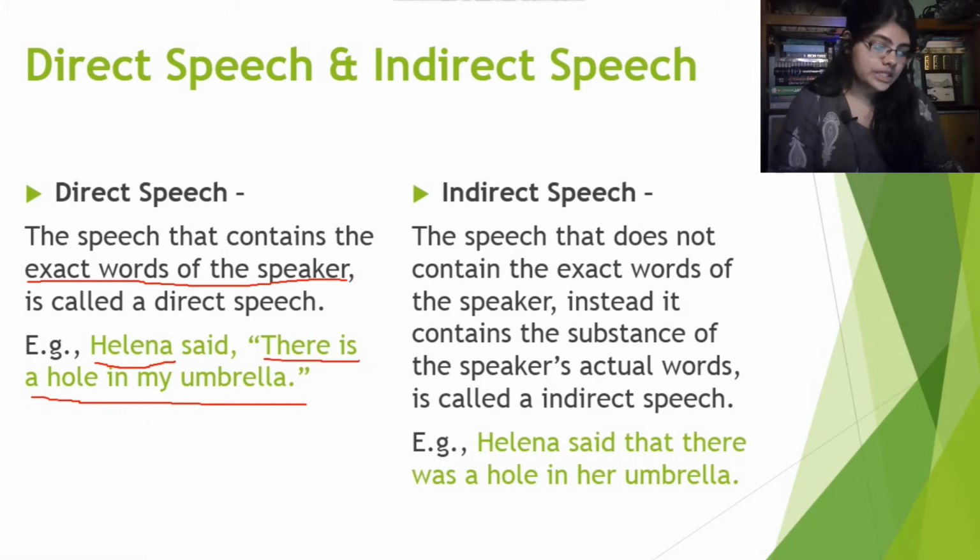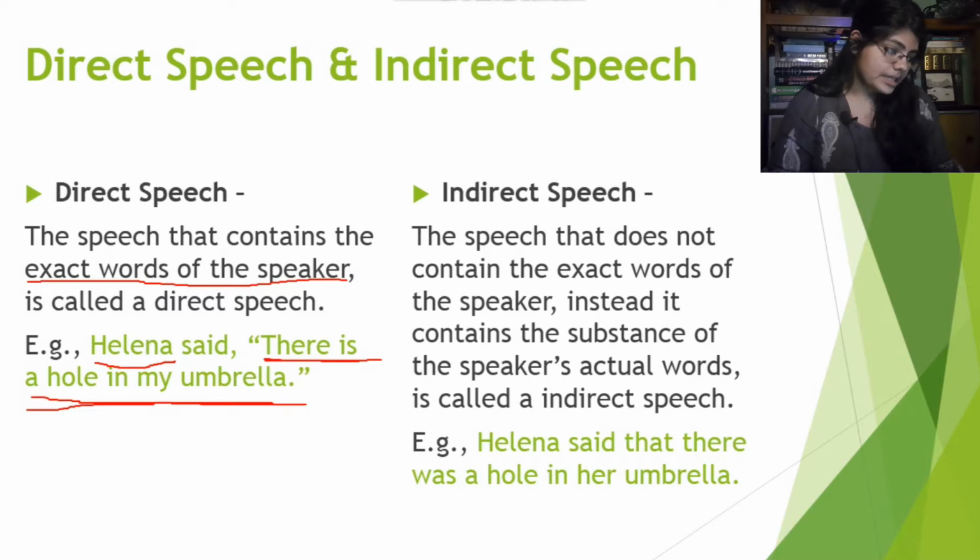Now you can see that the thing that Helena was trying to say is there was a hole in her umbrella, but instead of using her exact words, which is done in the direct speech, there is a hole in my umbrella, where the exact words were used, here in the indirect speech we have used it like this.